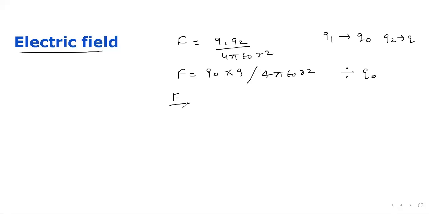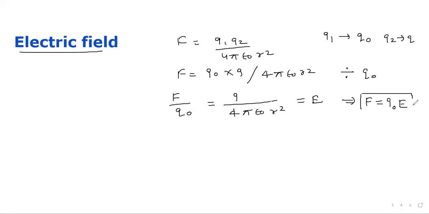So F upon Q0 is equal to Q divided by 4 pi epsilon naught R square, which is equal to the electric field. So the relation is F equal to Q0 times E. E has two units. One is volt per meter, another Newton per coulomb.